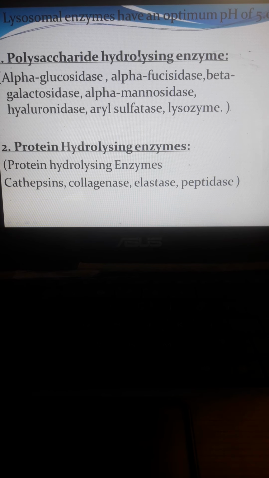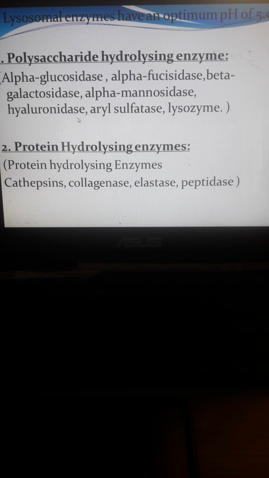For polysaccharide hydrolyzing enzymes, we have alpha glucosidase that will hydrolyze glucose. We have alpha fucosidase, which will digest fucose, and beta galactosidase, which digests galactose. Alpha mannosidase will hydrolyze mannose.